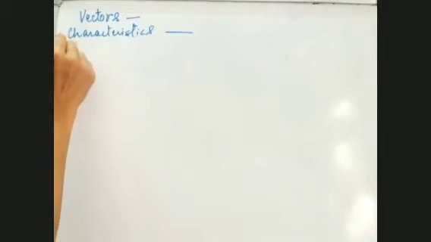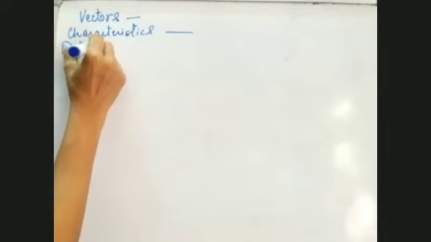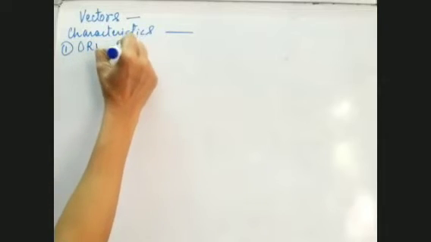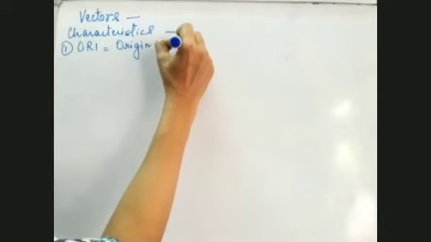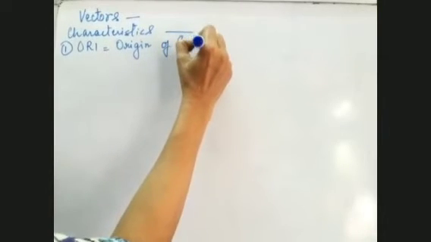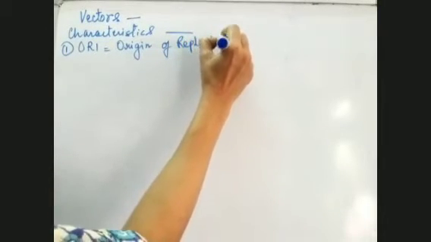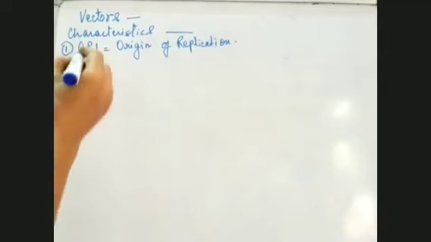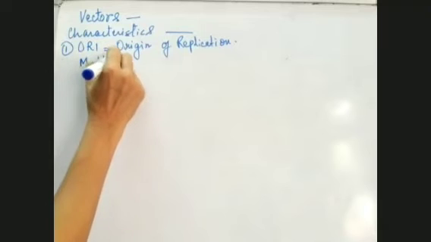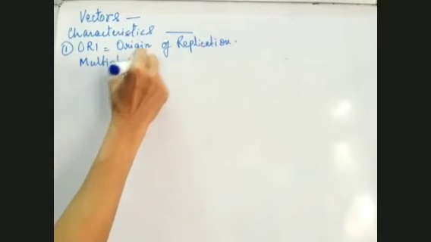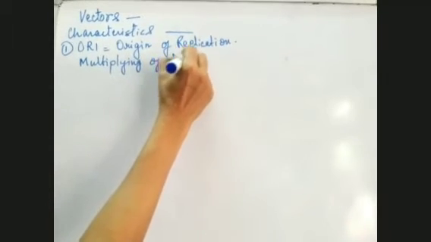Number one, this vector should have one ORI. ORI is origin of replication. It should have one origin of replication. Remember, if this origin of replication will not be there, it will not multiply. So this is required for multiplying the desired gene.